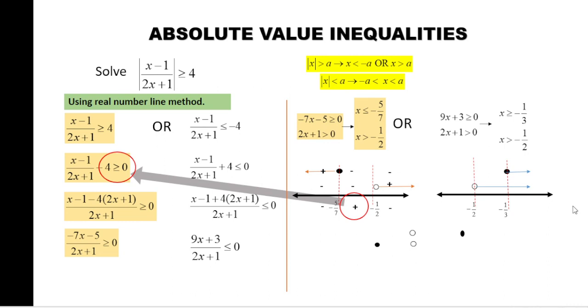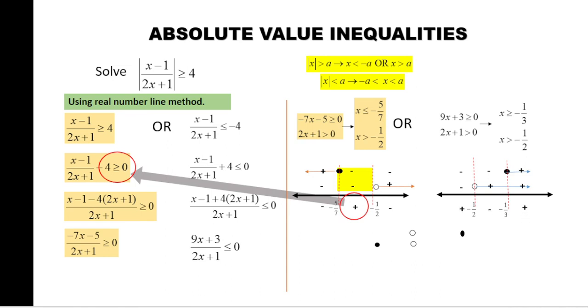Let's fill in. We have negative, negative, positive, and negative, positive, positive, and then the multiplication of the two factors gives plus, minus, plus.